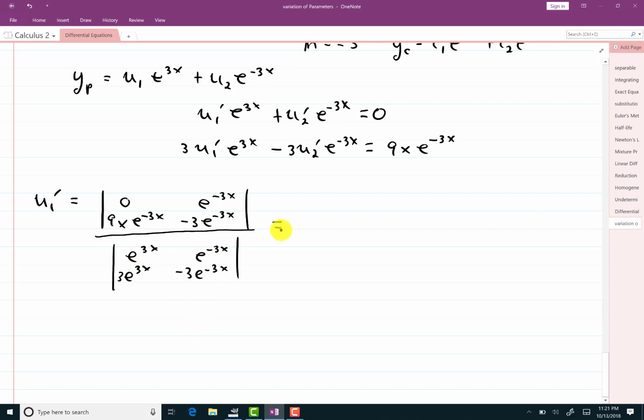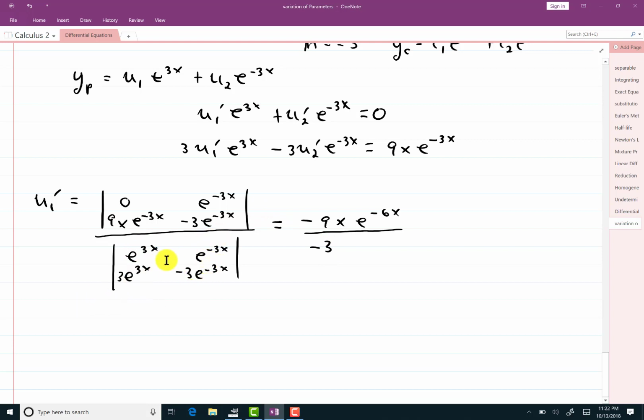And let's go ahead and see what this equals. When I go this diagonal, I get 0, but then I have to do minus this diagonal. So I'll get minus 9x e to the negative 6x. You've got to remember to add these exponents. This is all divided by, down here, I'll get negative 3, because e to the 3x times e to the negative 3x will be e to the 0, so I'll get negative 3.